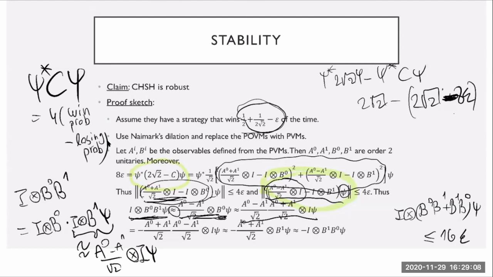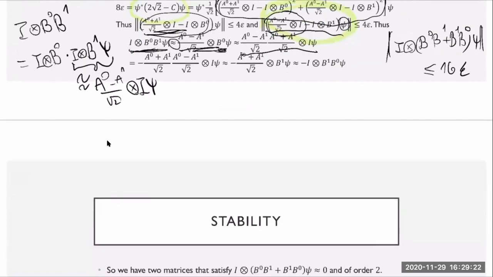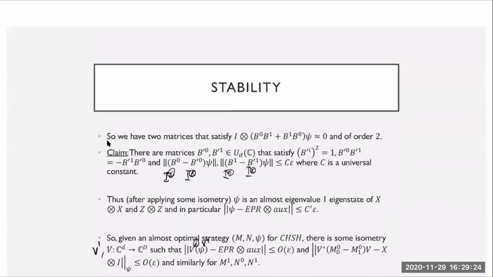This is what we actually showed here. The norm of this thing is bounded from above by 16 epsilon. Great, so we had this kind of calculation.